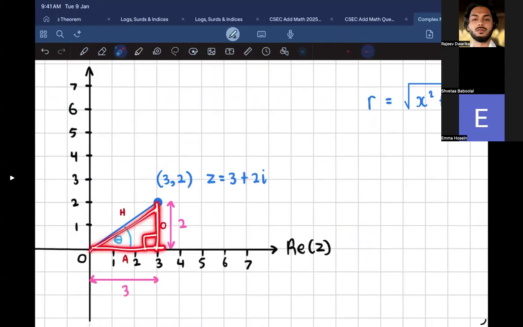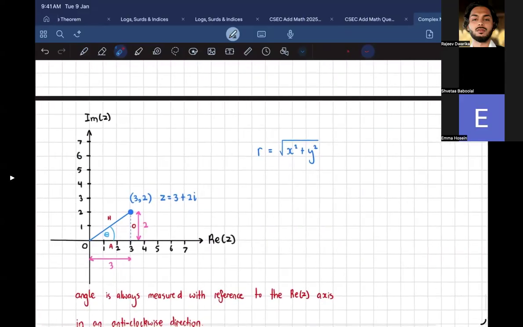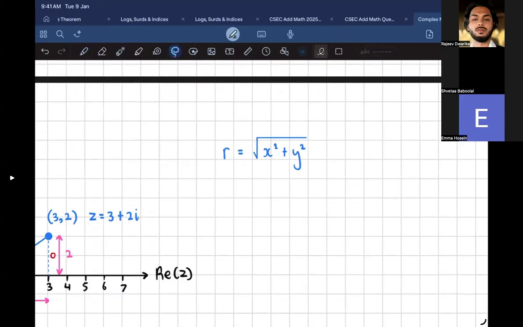Pythagoras theorem says that the hypotenuse squared is equal to the sum of the other two sides squared. And so h would just be equal to the square root of 2 squared plus 3 squared, because h squared, to find h, you have to find the square root. So R, also known as the modulus of the complex number, is given by Pythagoras theorem.